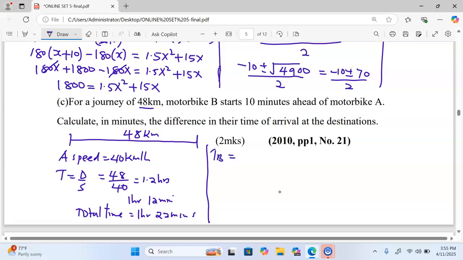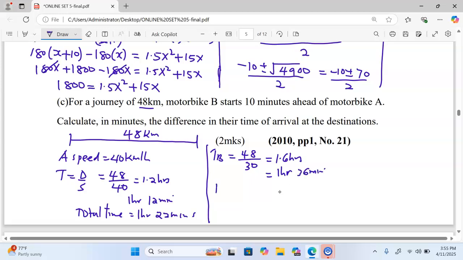Then from there now we can get the time for B. Time of B will be equal to the distance, which is 48, divided by the speed. Remember the speed of B was x, which is 30 kilometers per hour, and this gives us 1.6 hours, which is the same as 1 hour 36 minutes.